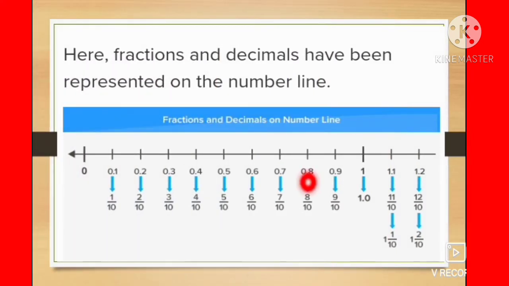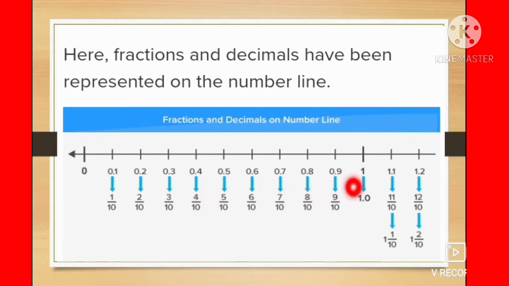So here fractions and decimals have been represented on the number line, and between 0 and 1 there are 10 segments. So the segment between 0 and 1 can be divided into 10 equal segments. So after 0 the line will be 0.1, which means 1/10, 0.2 which means 2/10, and 3/10, 4/10.